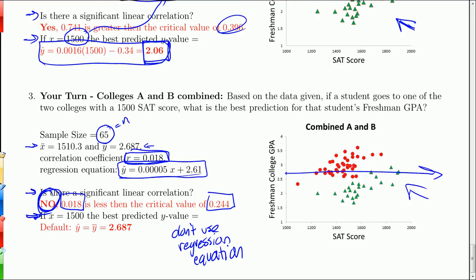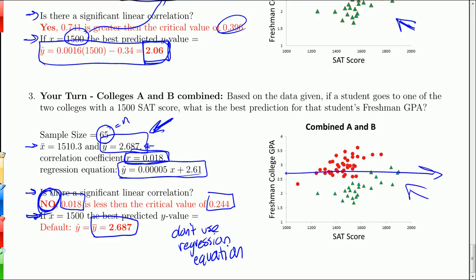So our convention is we will just use the mean y value, which is this 2.687, y bar. So if we don't know what college you're going to, and you have a 1500 on your SAT, the best prediction I would give is 2.687. And basically, that's no prediction at all. I'm estimating you'll be right around the mean of all the students that left your school.